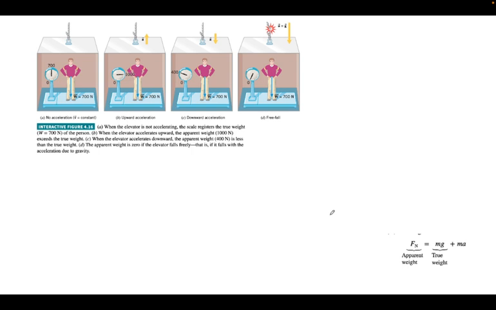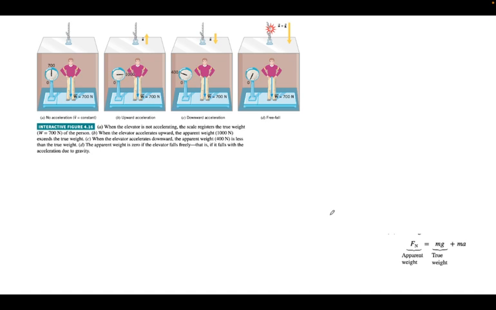The next important topic which we will discuss is the free fall of an object, or the behavior or the force acting on a body when it is moving in a lift.